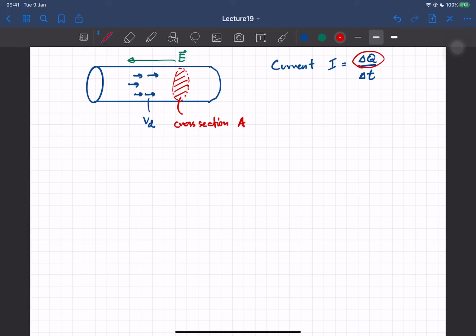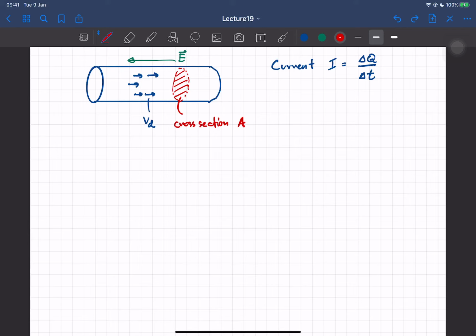That's going to be your delta Q. Okay, so if you don't have any movement of the charge, there's no charge crossing this cross-section area, then delta Q is going to be 0. So the current is just the flow of the electric charge across a certain cross section of the material divided by time.